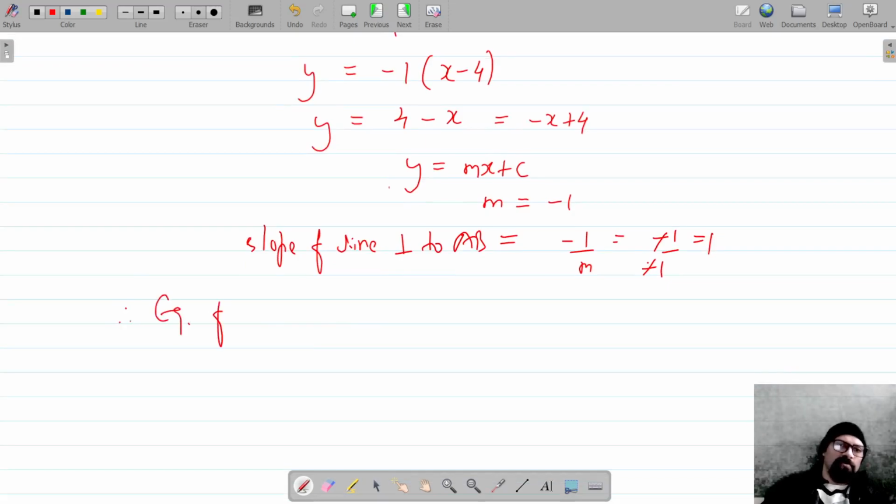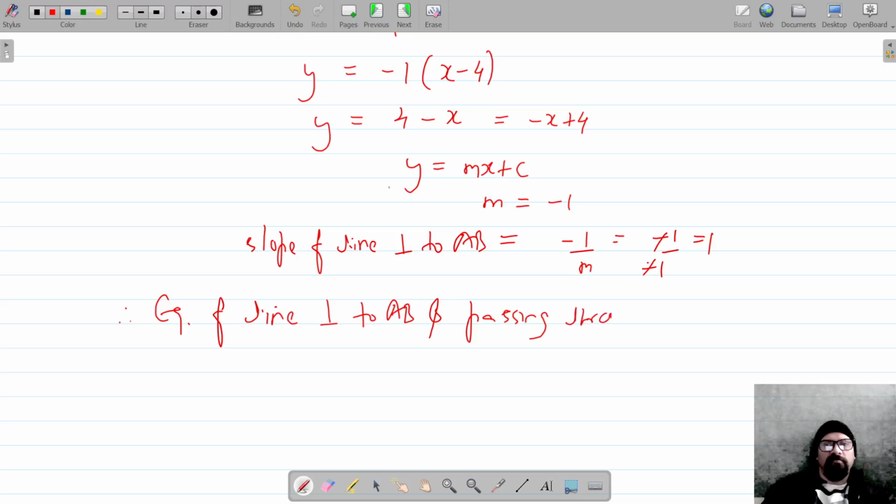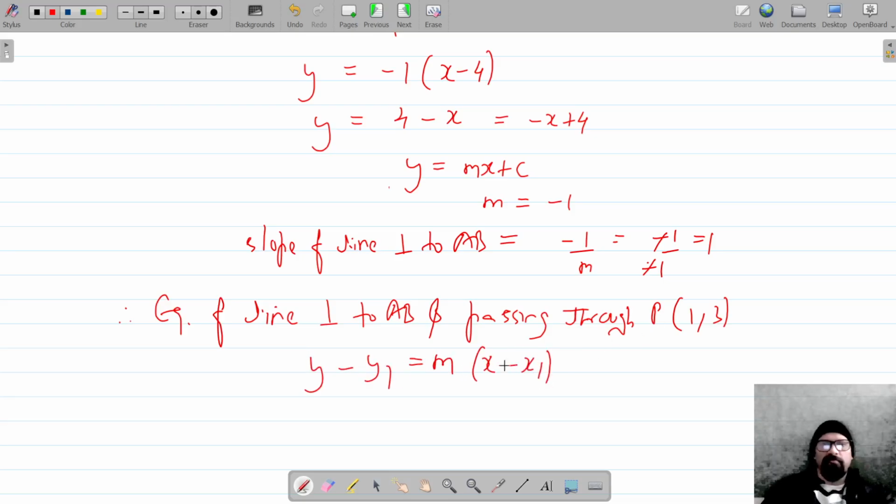Therefore, now the equation of the line perpendicular to AB and passing through P, where the point P has coordinates 1, 3. The equation of that line is given by y minus y1 is equal to m into x minus x1, where these are x1, y1.